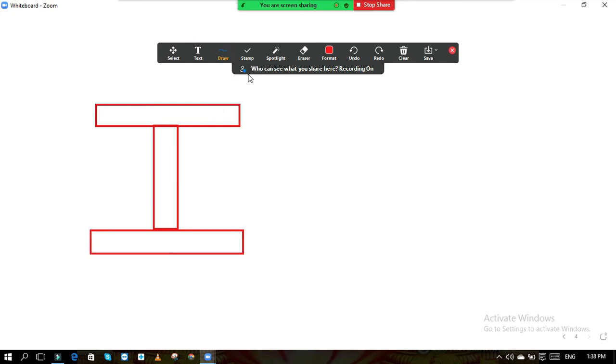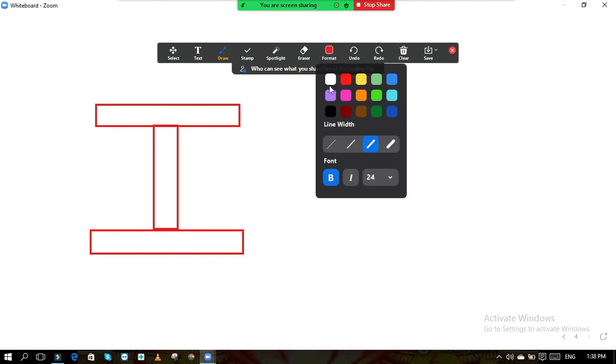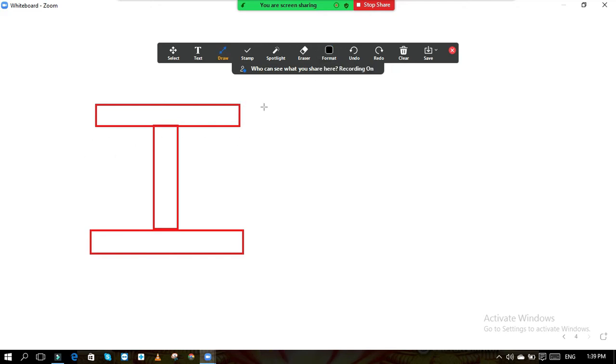Now the dimensions are: from this point up to here, this is your overall depth, 1205 mm.